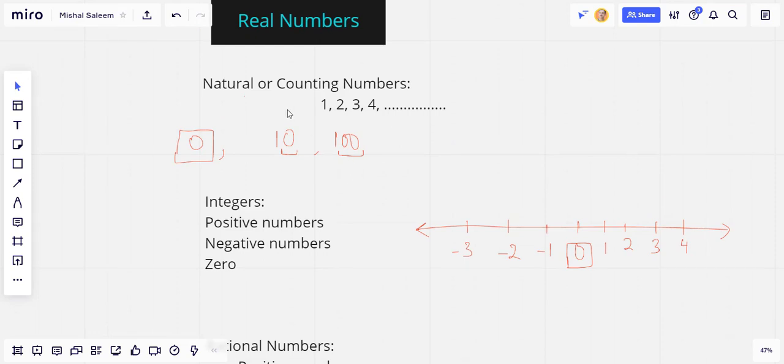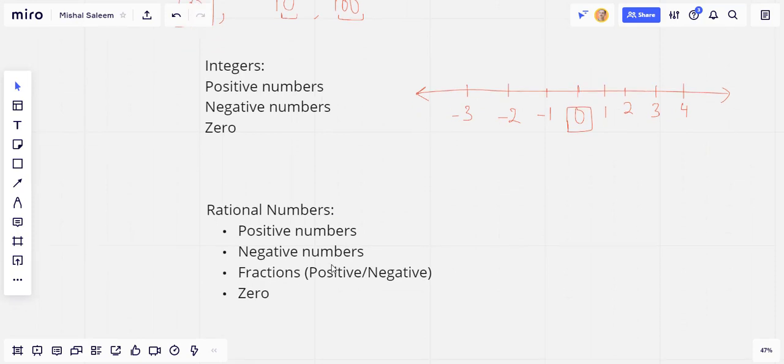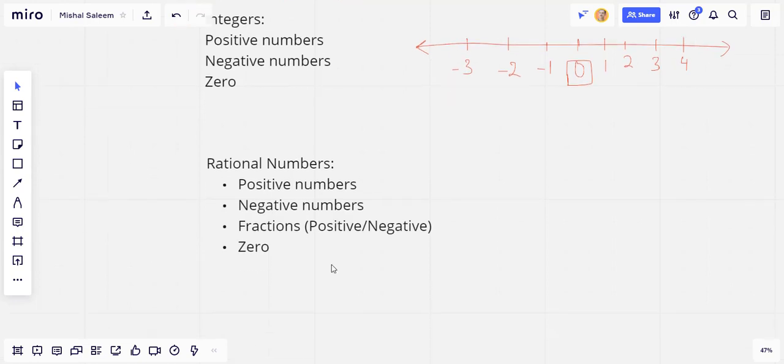I've started with the smallest category and then I'm gradually increasing it, making it bigger. We started with the natural numbers, then integers. Integers have the concept of natural numbers or positive numbers. Then we are now on to rational numbers. Rational numbers have the integers in them, but some new numbers as well, which are fractions.